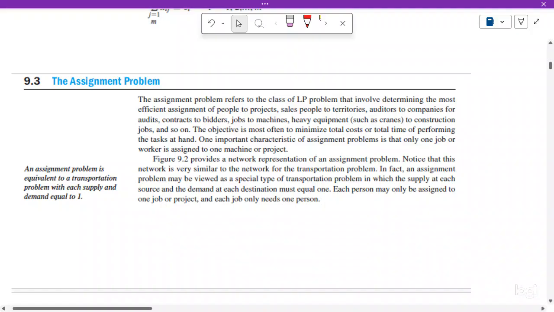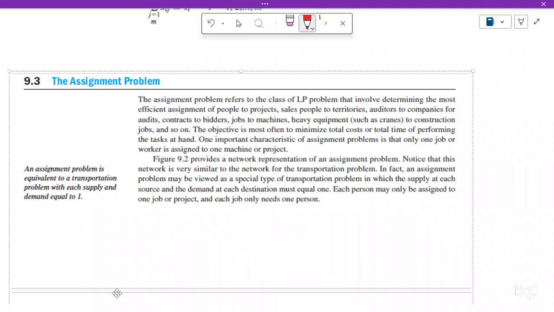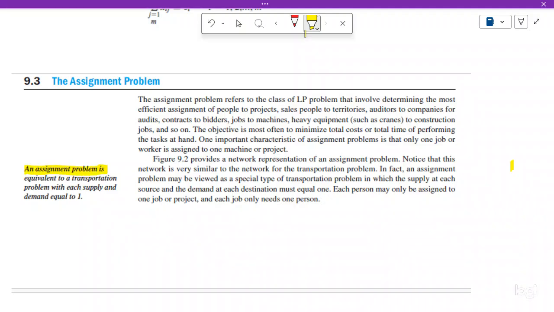The assignment problem refers to a class of LP problem that involves determining the most efficient assignment of people to projects. You assign using the transportation model. An assignment problem is equivalent to a transportation problem with each supply and demand equal to 1.